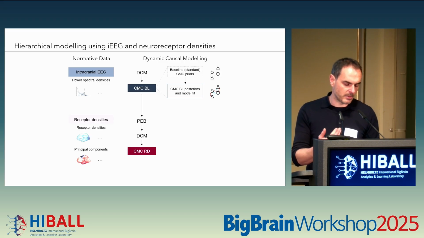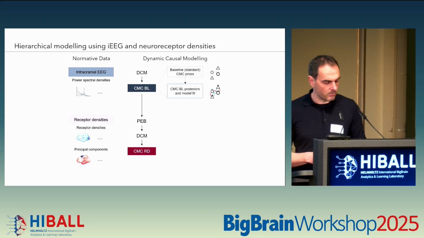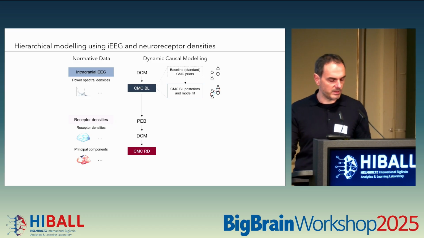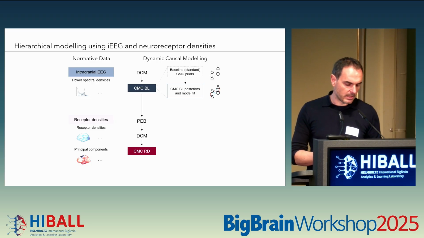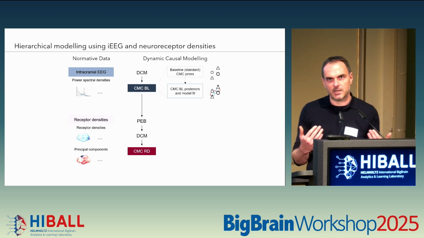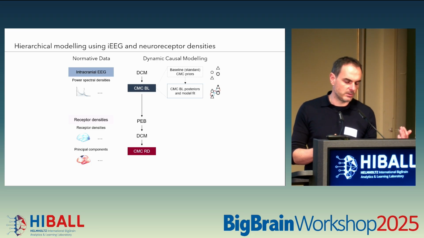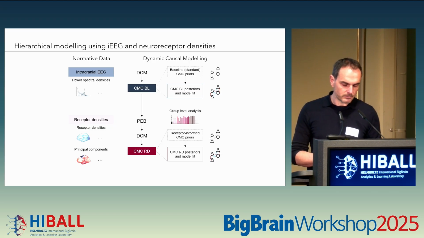And in the second step, we used the receptor densities, which was data from Karl Zilles and Nicola Palomero-Gallagher's lab. We used different variations of the neuroreceptors. We only used selected neuroreceptor densities, and we also used principal components to capture variance across the receptor densities, which have some similarities, and used that to define a model space.